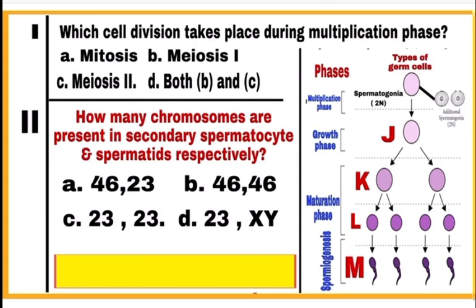Further, secondary spermatocytes undergo second meiotic division and form spermatids, which are L in the figure. So, both secondary spermatocytes K and spermatids L have half the number of chromosomes. Option C is correct. Both have 23 chromosomes. So, mark C as a correct answer.